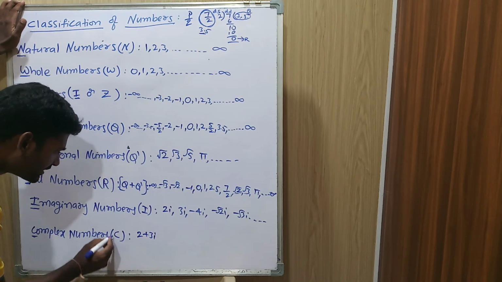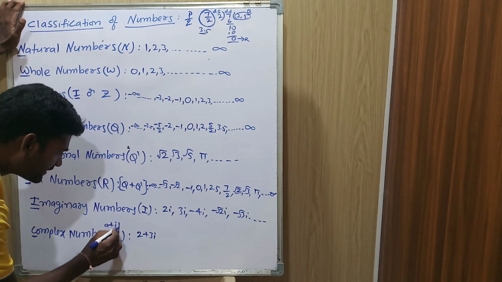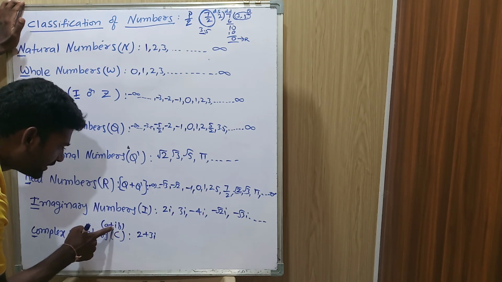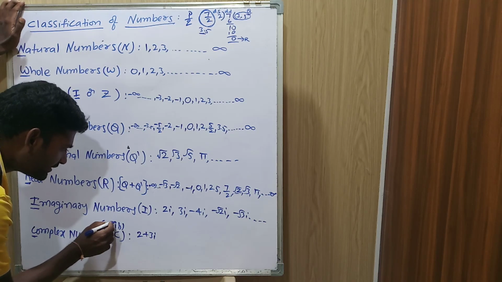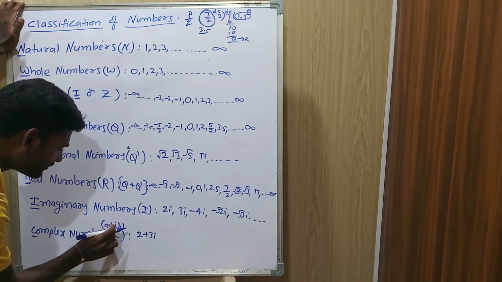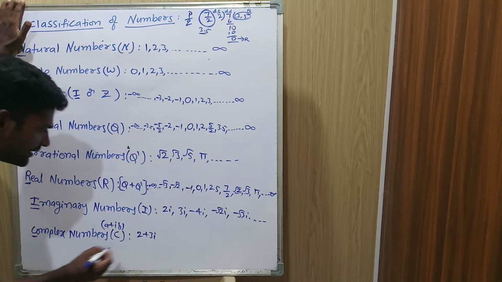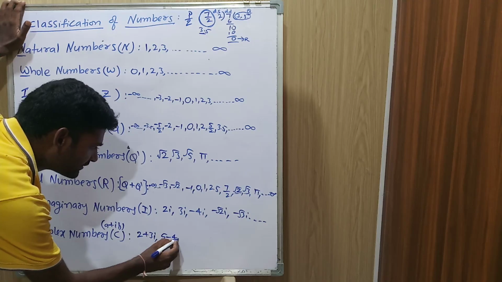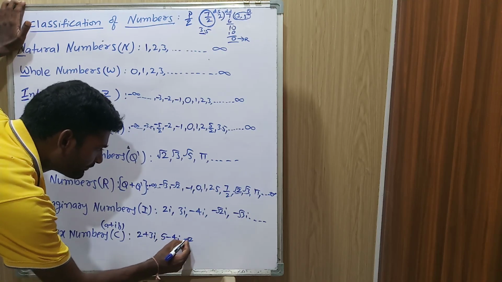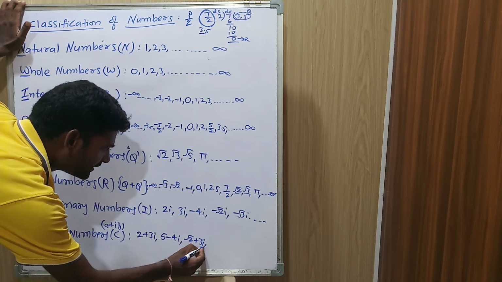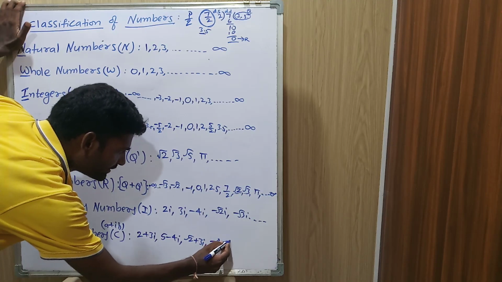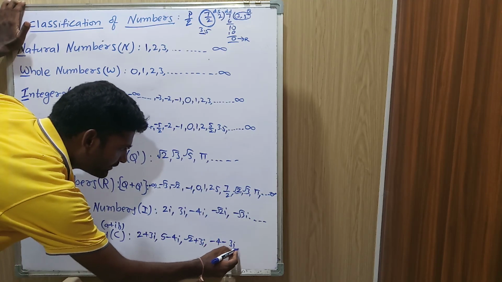That means complex numbers are in the form of a plus ib. a is the real part and after the plus, this is the imaginary part. So the real part and imaginary part combined together form complex numbers. That means 2 plus 3i, 5 minus 4i, root 2 plus 3i, minus 4 minus 3i, and so on.